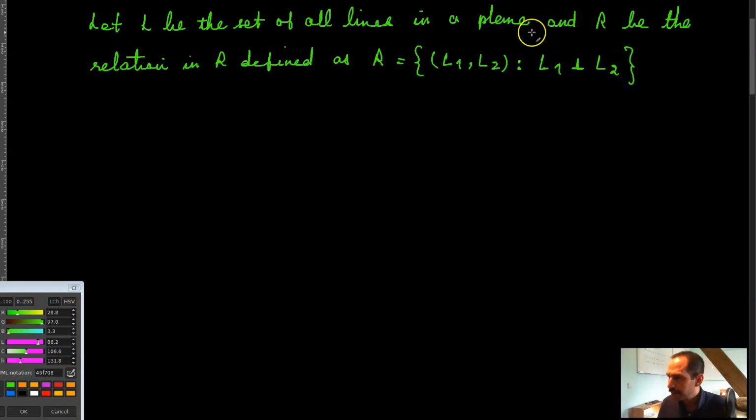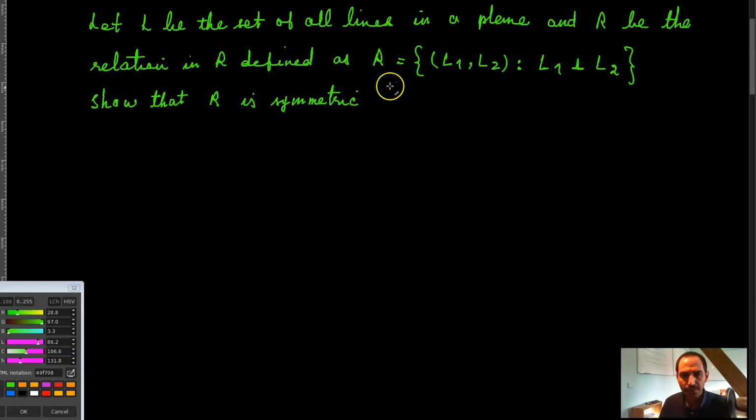Now you want to show that R is symmetric but neither reflexive nor transitive.